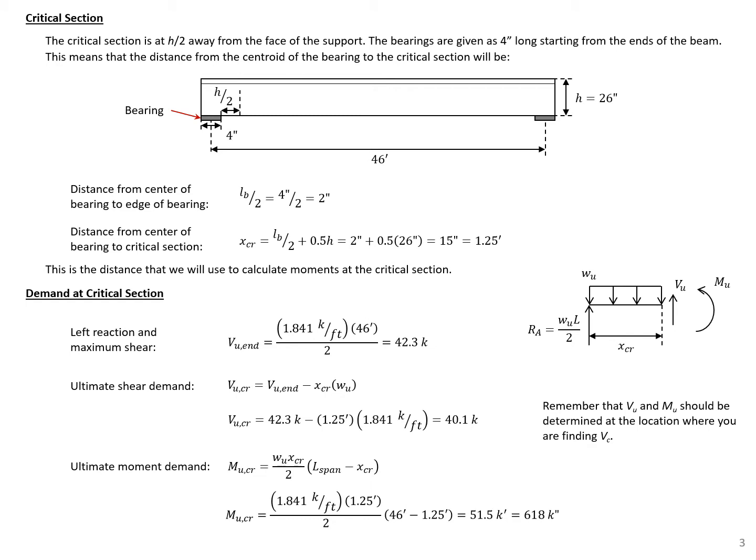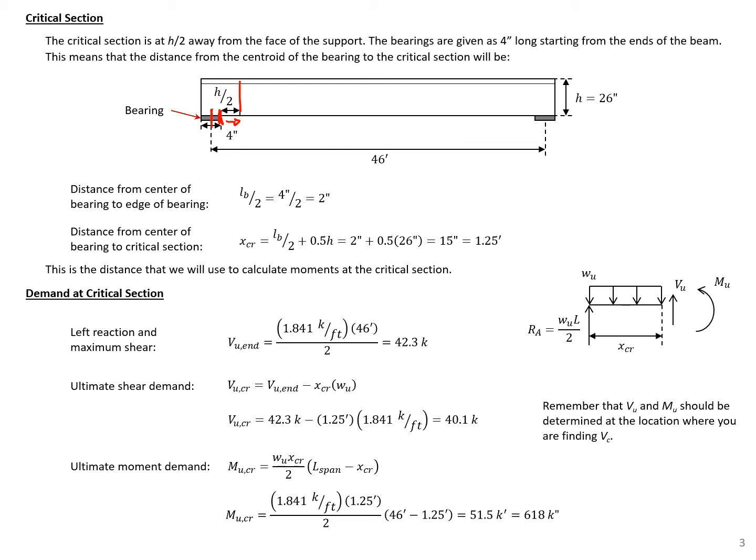Our critical section in ACI 318-19 for prestressed members is going to be a distance h over 2 from the face of the support. So here we're told we have a 4-inch bearing, and our h over 2 would start from the edge of that bearing and go out a distance h over 2. So the distance that we'll use when calculating our moment is we assume that the center of our support is the center of our bearing, and that'll be the point of zero moment at the end of our simply supported member.